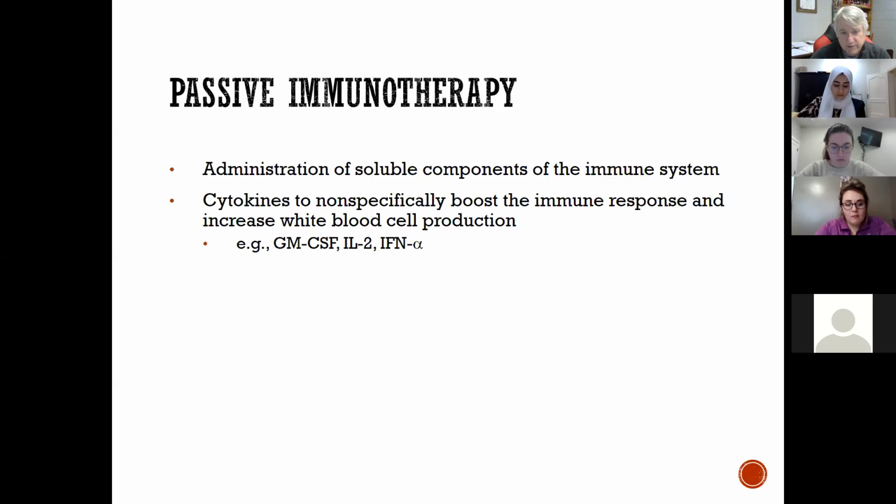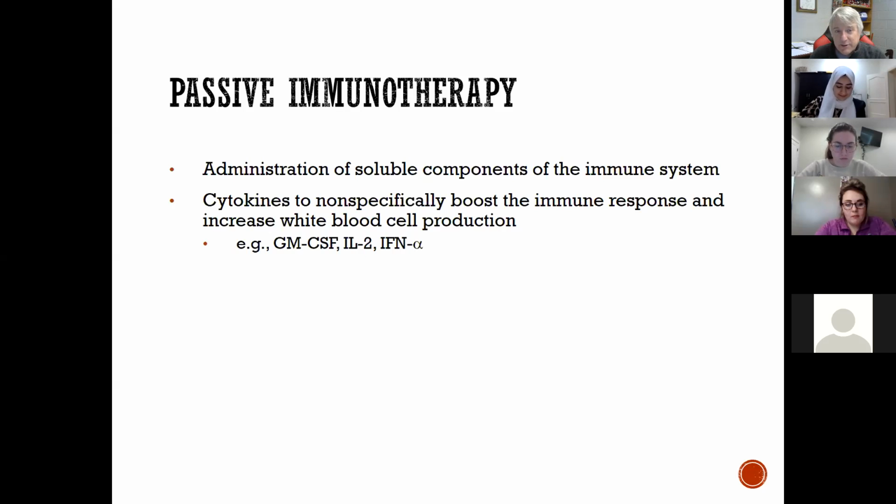What is GM-CSF? It's not cerebral spinal fluid. What is CSF? Isn't it colony stimulating factor? Yes, it is. Just checking.